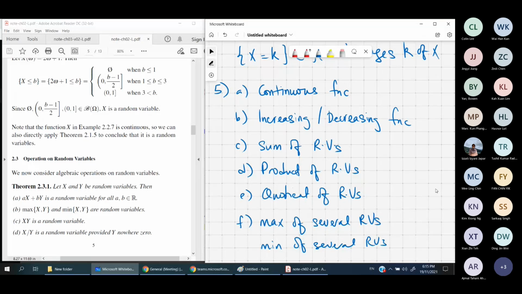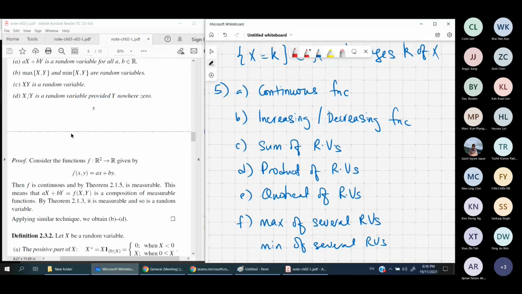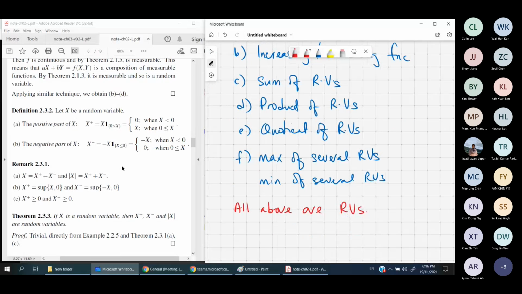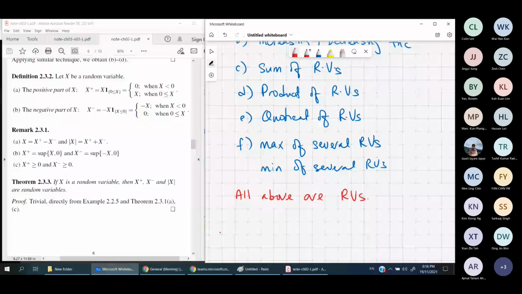Only those very odd, very funny kinds of functions are not random variables, under our standard scheme for our sample space. We have briefly discussed the proof for this. So next we look at another three important random variables. Okay, I think this is where we stop here.